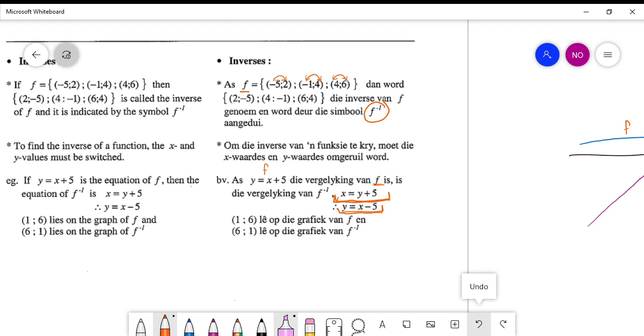Okay, so in this case, you would have written f of x is equal to x plus 5, and the inverse of f is equal to x minus 5. Don't be confused, you can't always just change the plus 5 to a minus 5. Is that what you wanted to ask? So it's not the opposite sign, basically. No, it's not.